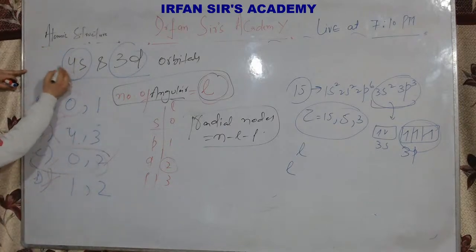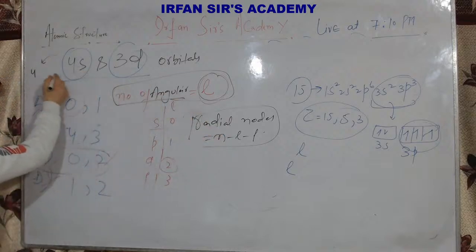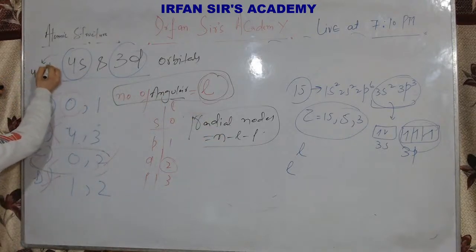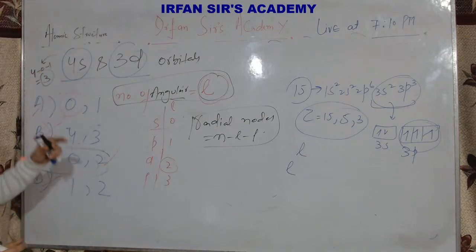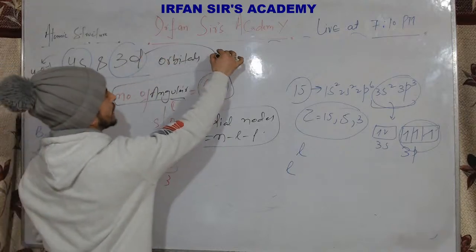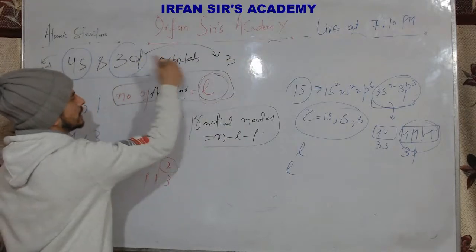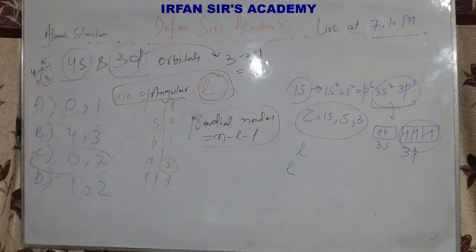It is 4. The value of L for s is 0. So 4 minus 0 minus 1 is equal to 3. And for 3d, the value of N is 3, the value of L is 2, so 3 minus 2 minus 1 is equal to 0.